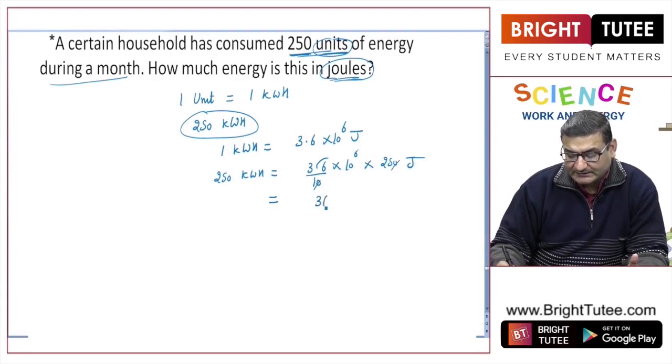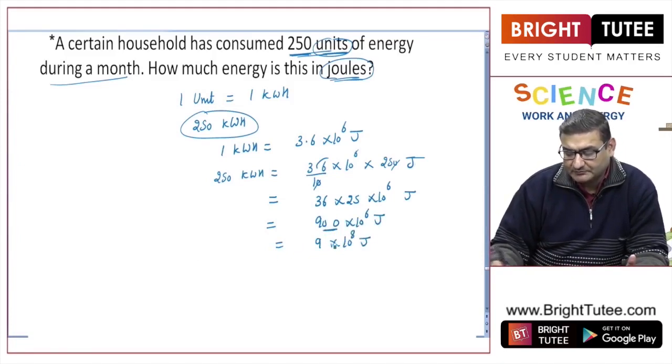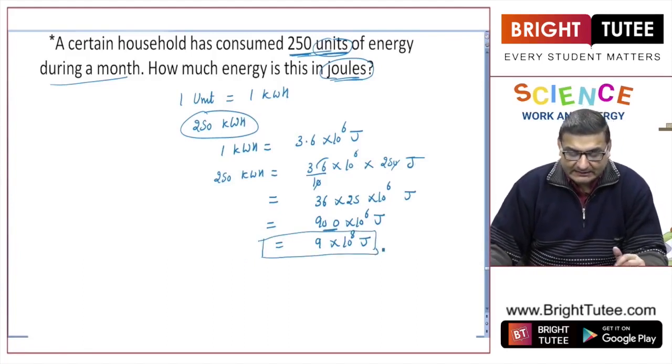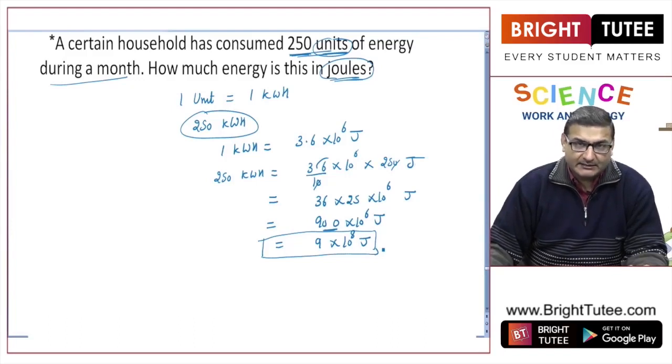I'm left with 36 multiplied by 25 into 10 to the power 6 joules. Multiplying it, I'll get 900 into 10 to the power 6 joules, or I can also write 9 into 10 to the power 8 joule, taking these two zeros to the power value. This is the amount of energy that this household is using in a month in joules, right?